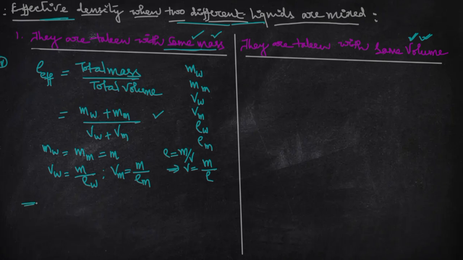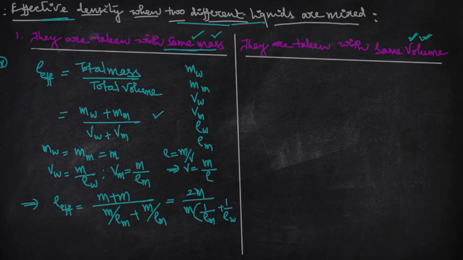I am going to get rho effective equals M plus M by M by density of water plus M by density of milk, equals 2M. Let the M be taken out, 1 by density of milk plus 1 by density of water.